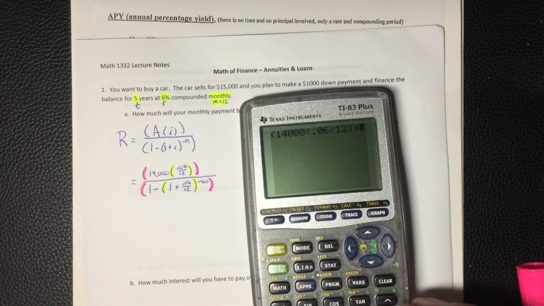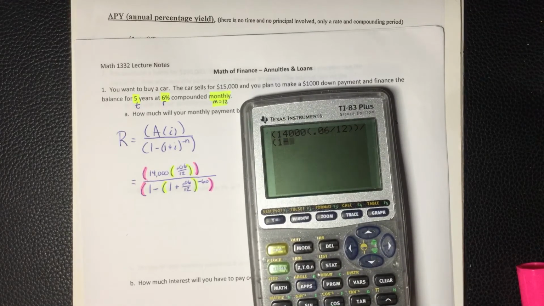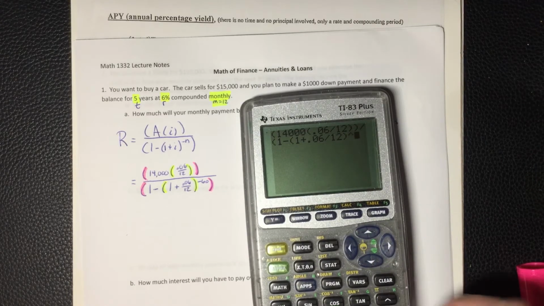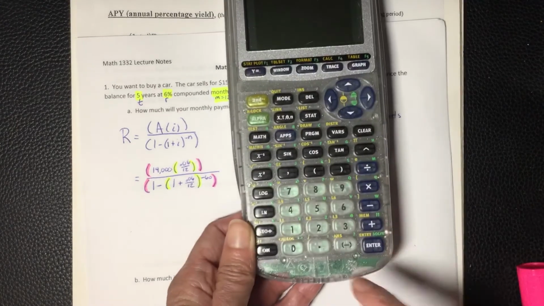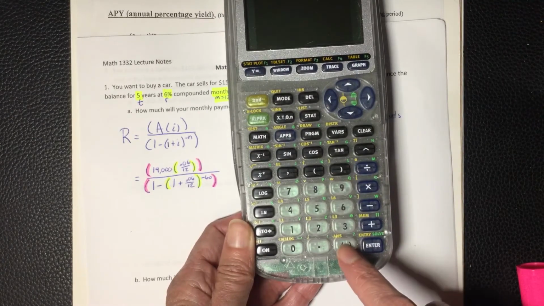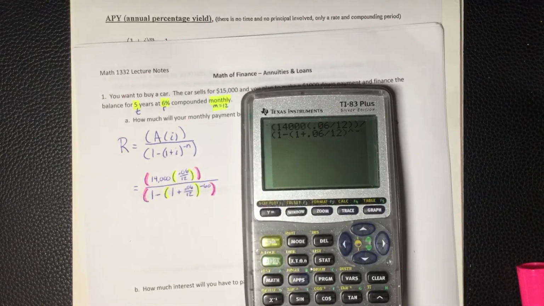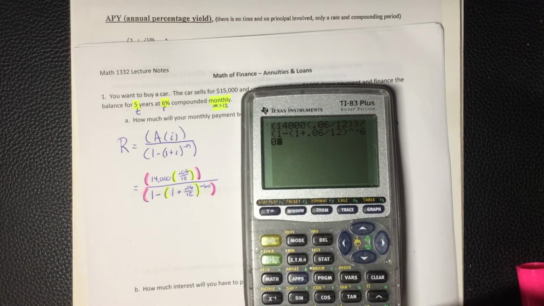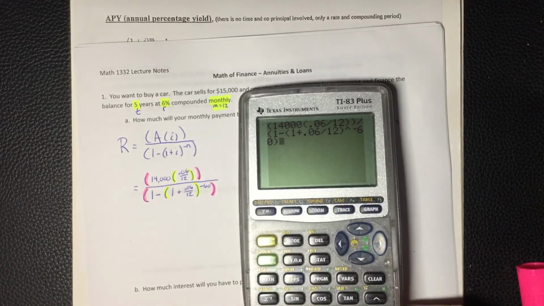That takes care of the numerator. Hit your divide. Parenthesis 1 minus, parenthesis 1 plus 0.06 divided by 12. I'm going to close the first parenthesis. I'm going to raise it to a negative power. So you have to use the negative button, not the minus button. So that'll be negative 60. And then I'm going to close that last set of parentheses.